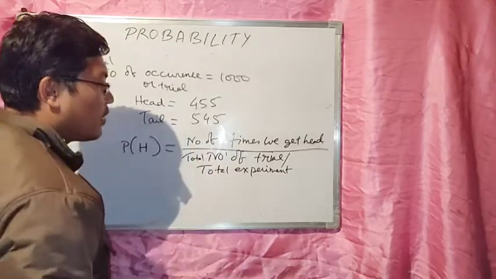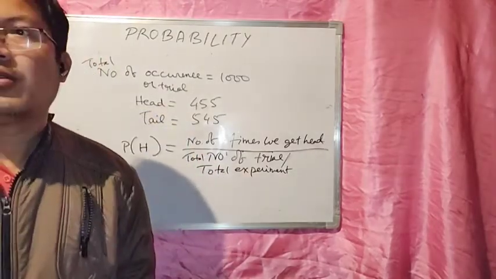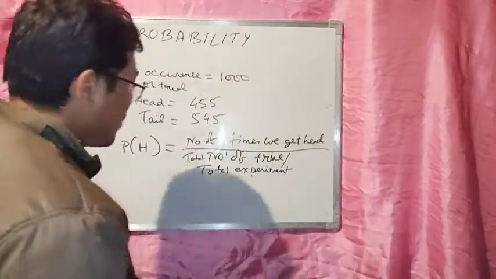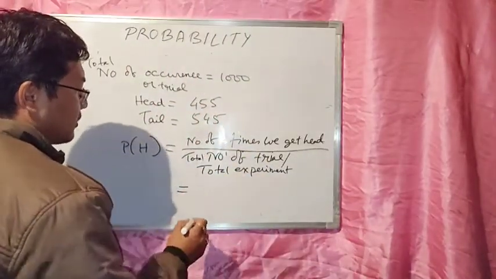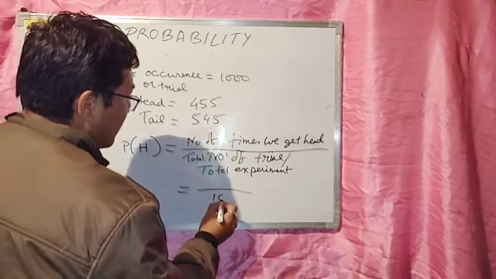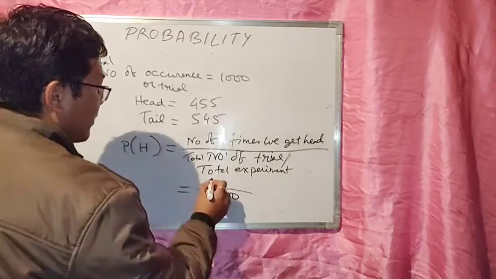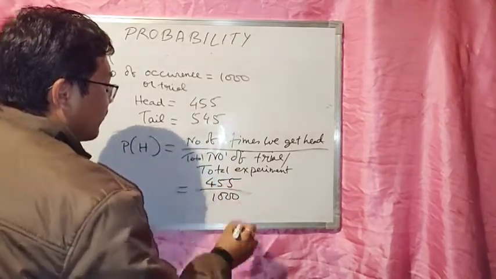This is the total number of trials, or total experiments, that have occurred. Then what will be the answer? Total is 1000, and head occurred 455 times.